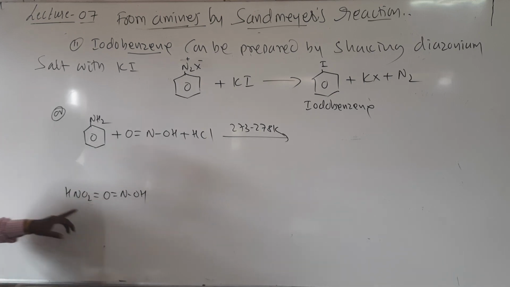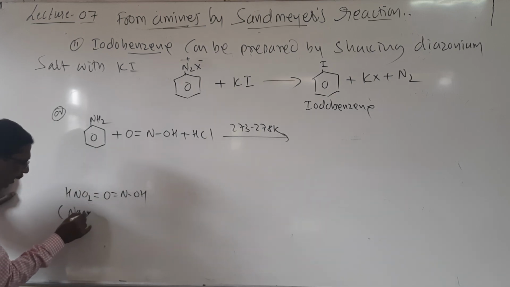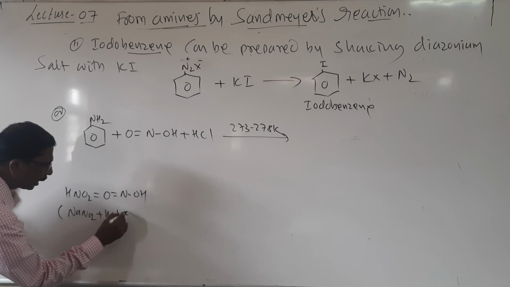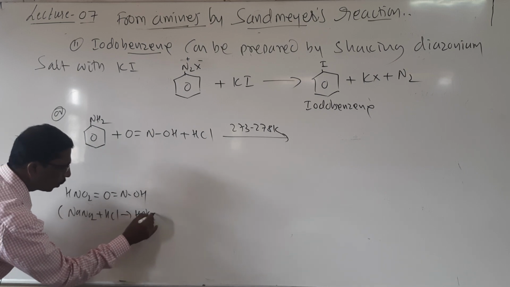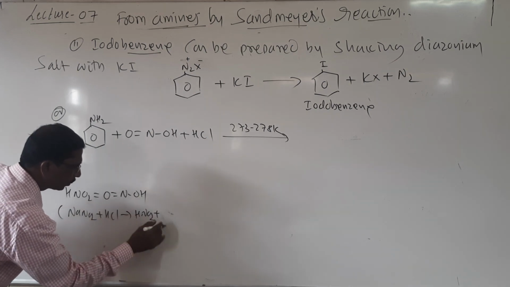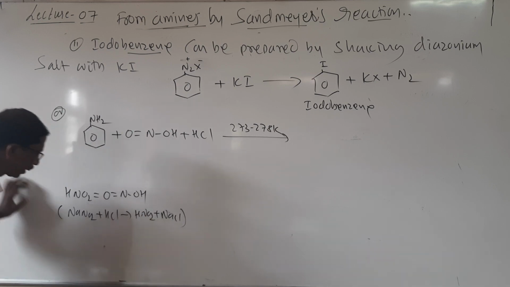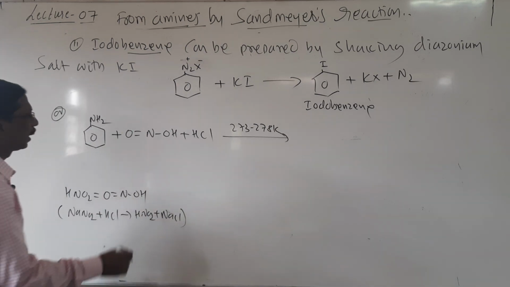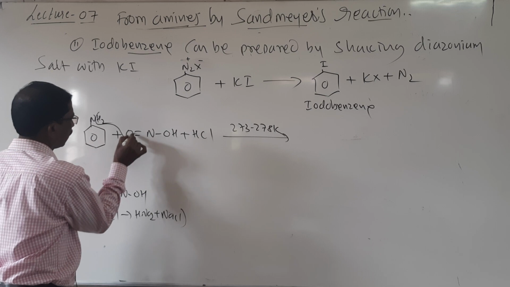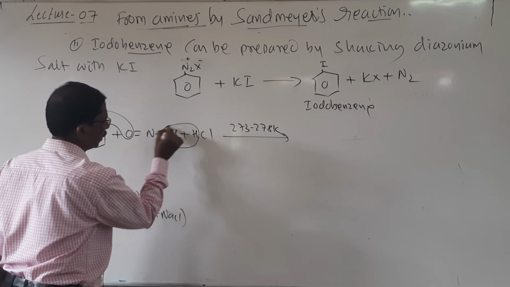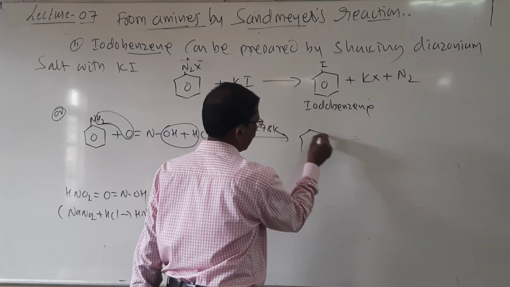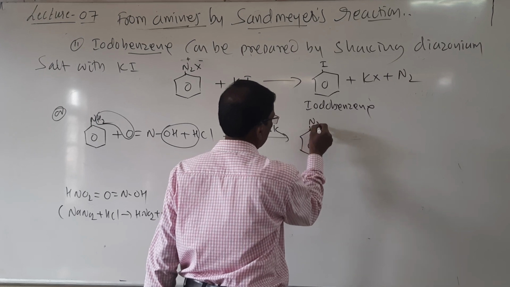Nitrous acid is obtained by treating NaNO2 plus HCl, which gives HNO2 plus NaCl. So here it forms like this, and whatever remained you write here, N2Cl.